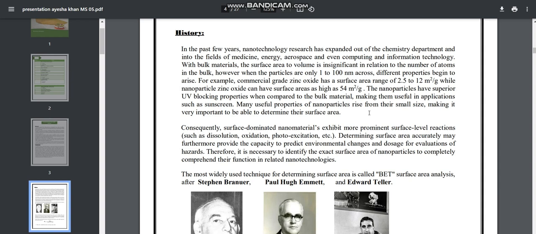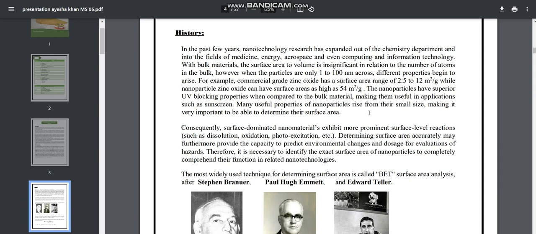For example, commercial zinc oxide has a surface area of 2.5 to 12 square meters per gram, while the nano zinc oxide has a specific surface area of 54 square meters per gram. It means the nano zinc oxide has more unique properties compared to the zinc oxide in bulk. Nano zinc oxide is used in ultraviolet radiation blocking systems, that is sunscreen systems.